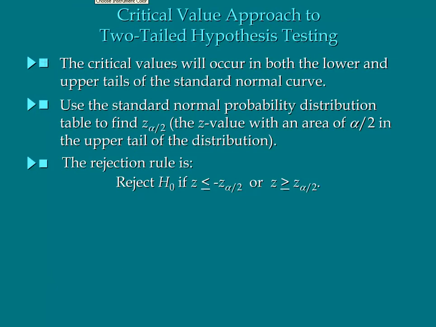Now, using the critical value approach, these will occur in both the upper tail and lower tail of the standard normal curve, and you use the standard normal probability distribution to find z of alpha over 2, the critical value, the z value with an area of alpha over 2 in the upper tail of the distribution. So essentially what you have to do is work backwards.